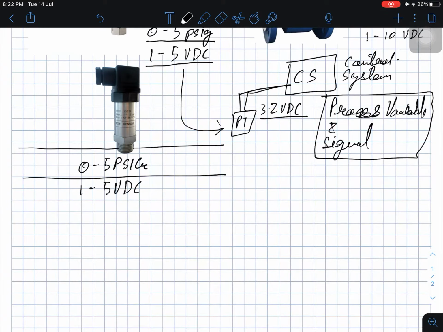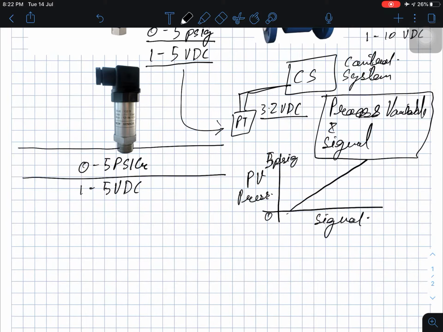Before we proceed, right now we are only talking about linear instruments. A linear instrument basically is, if you plot the process variable, like pressure in this case, against signal, with the increase in the process value like 0 to 5 psig, the signal increases linearly. It obeys the mathematical equation of a line, which is nothing but y equals mx plus c, where m is the slope and c is the offset.